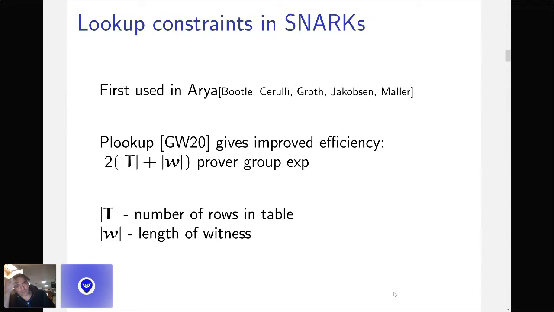And very roughly, what is the cost of being able to use these lookups? If you want to use a table of size t, that's the number of rows in your table, and the length of your witness is w, roughly the cost of using PLONK is 2 times t plus w group exponentiations.